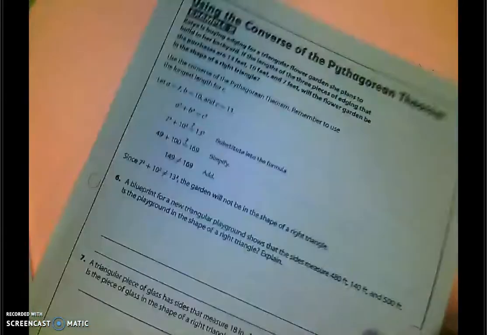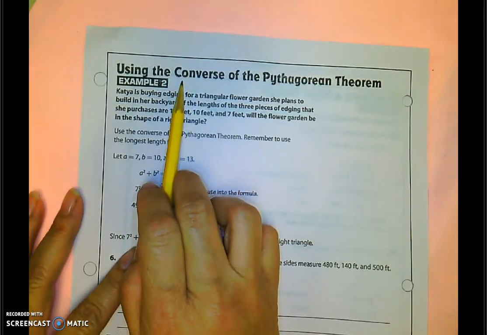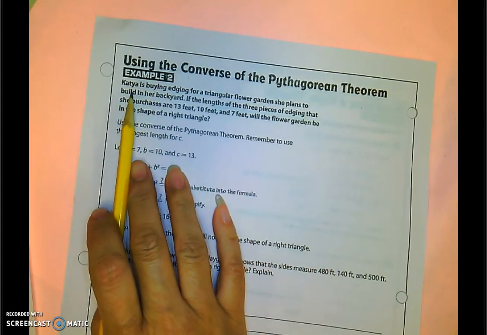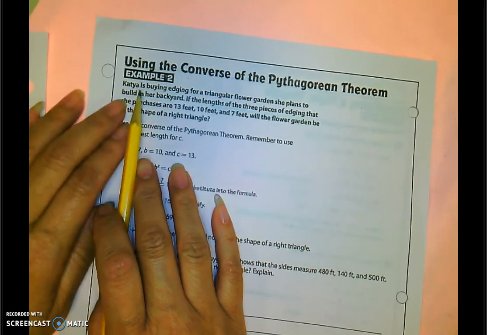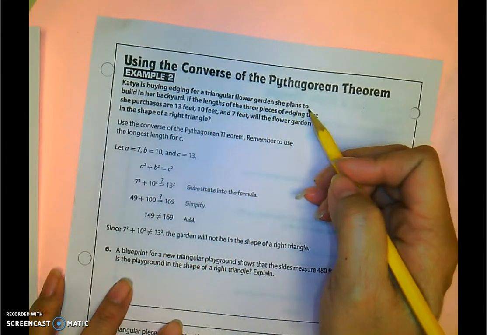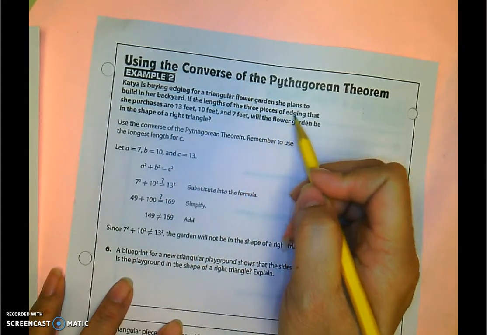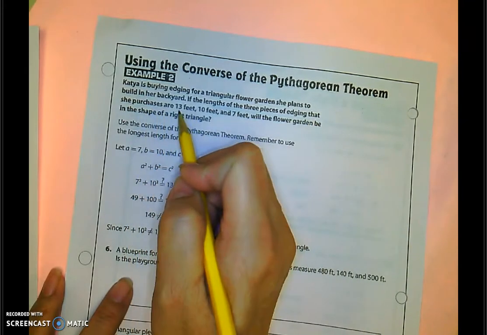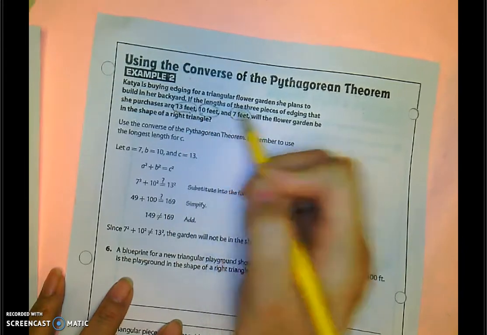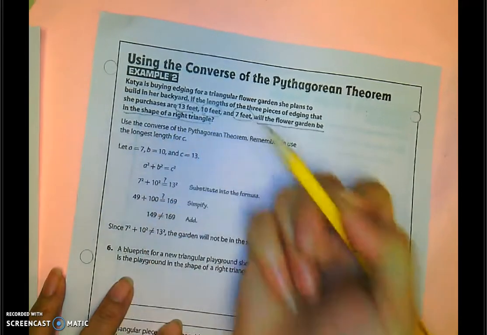Now, on the back, real world problem. Using the converse of the Pythagorean theorem. Kay is buying edging for a triangular flower garden she plans to build in her backyard. If the lengths of the 3 pieces of edging that she purchases are 13 feet, 10 feet, and 7 feet, will the flower garden be in the shape of a right triangle?